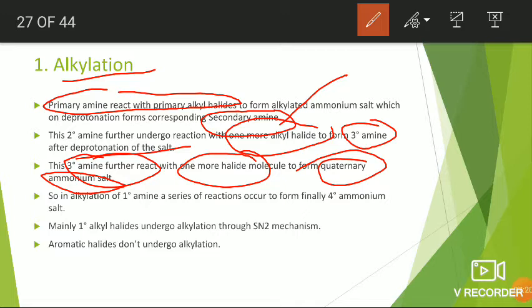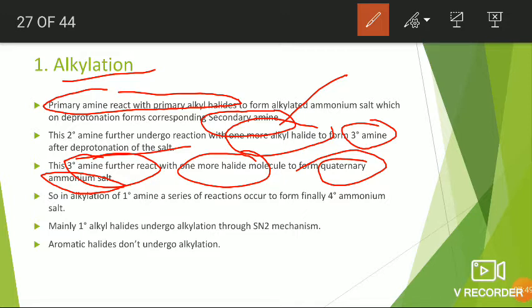Among these three alkyl halides, only primary, and in some cases secondary halides, undergo alkylation of amines through the nucleophilic substitution method, that is mainly through an SN2 type reaction.